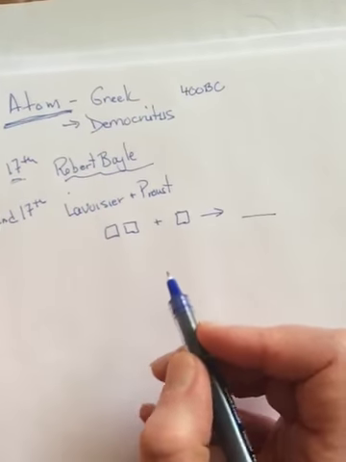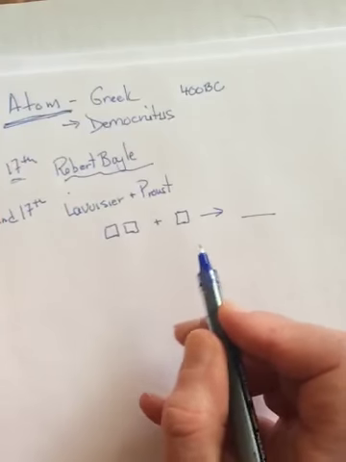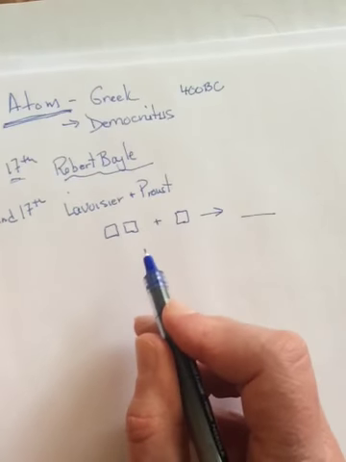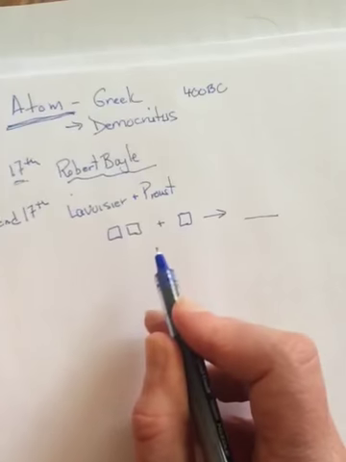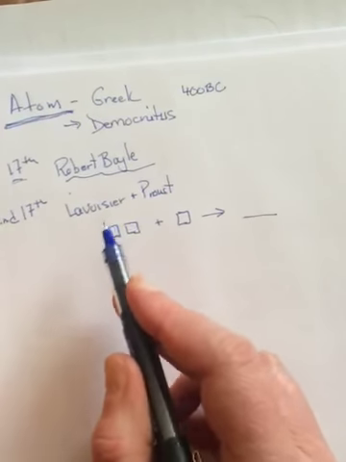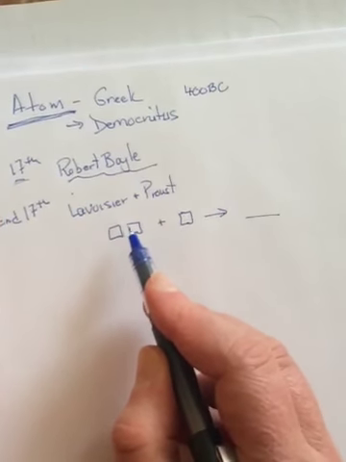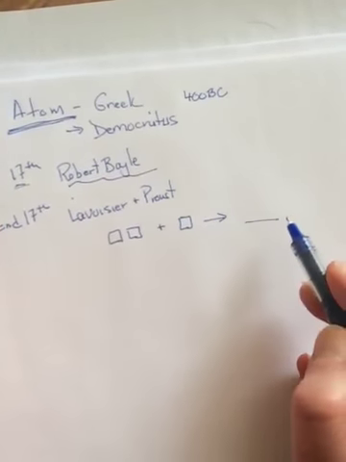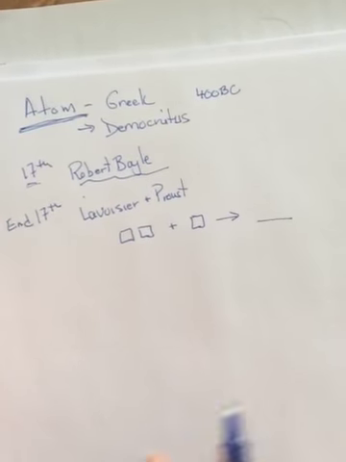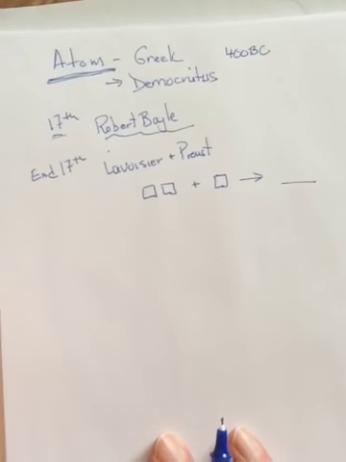So they noticed that they always reacted in the same proportions. And so what they said was, it must be that there are atoms here. So like 2 atoms of one substance reacts with one of another in that ratio all the time. So again, the word atom comes up.